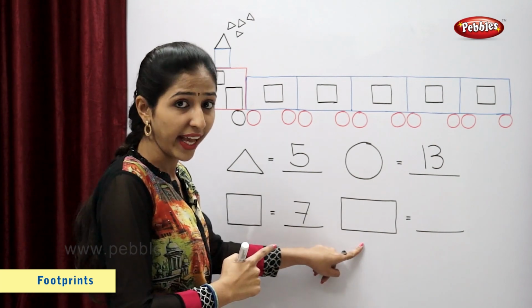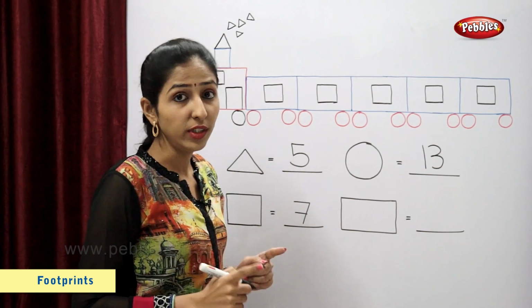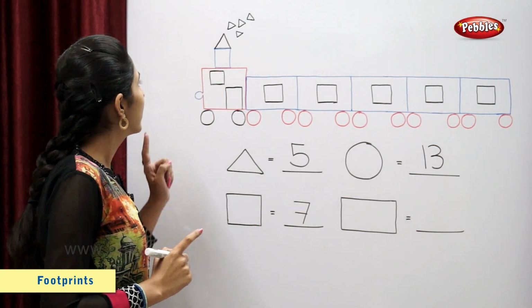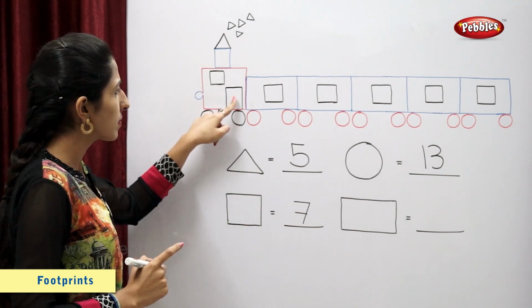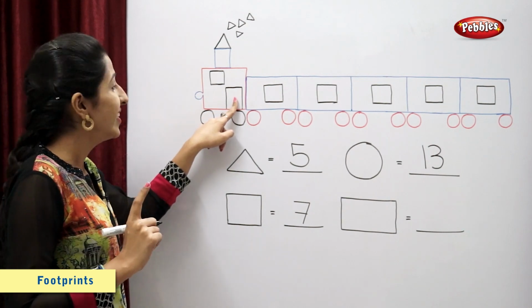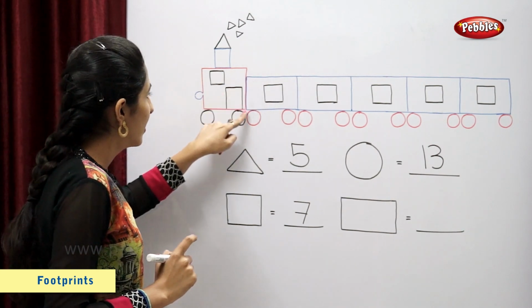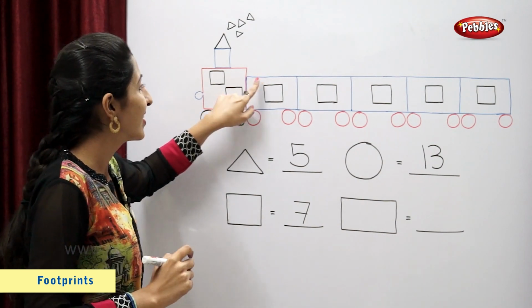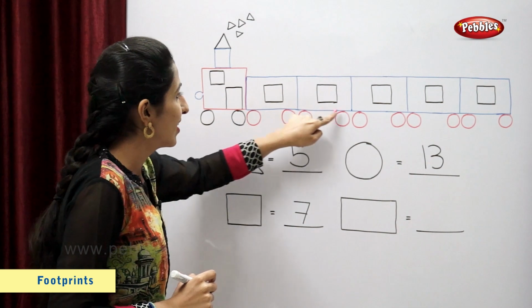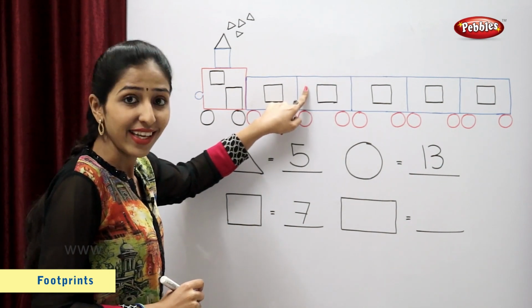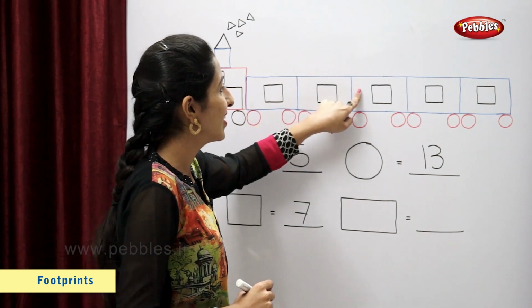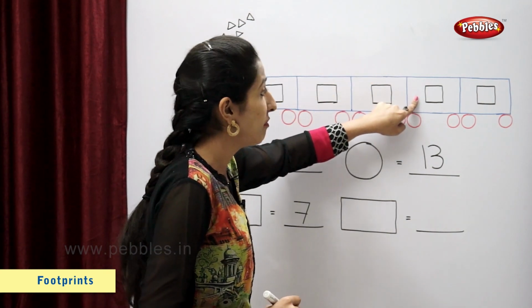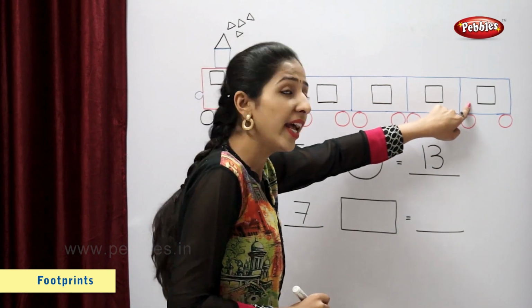This is a rectangle. Now, let's count the number of rectangles. 1, 2, 3, 4, 5 and 6.